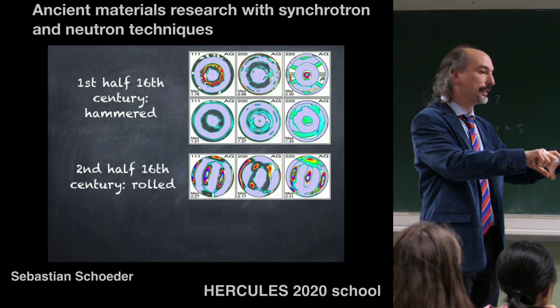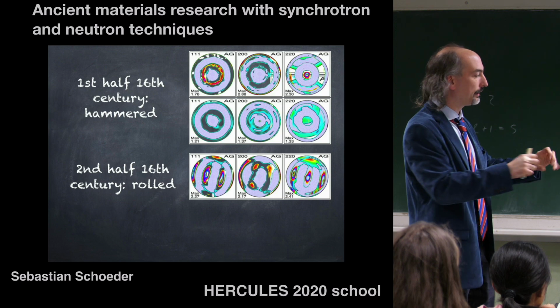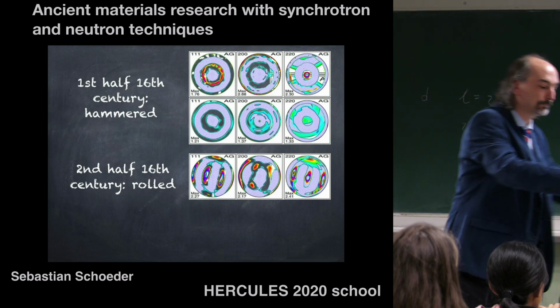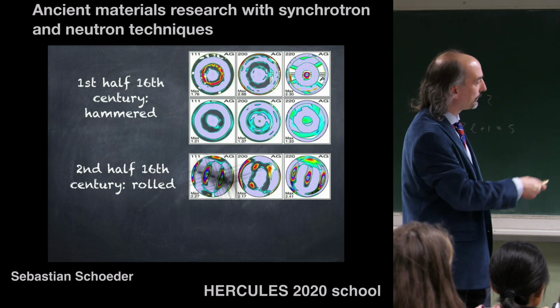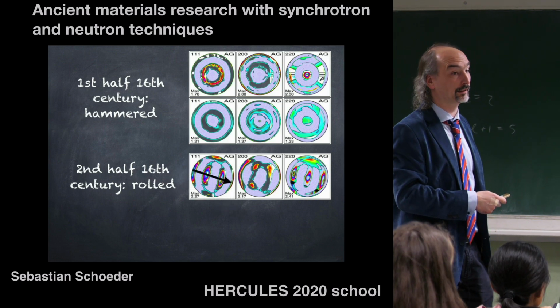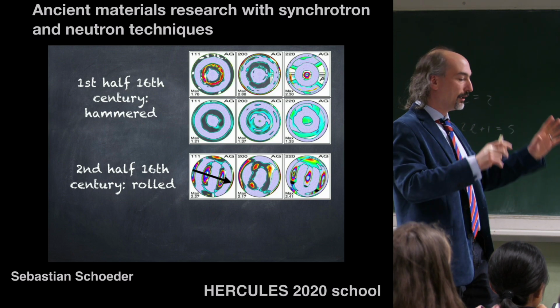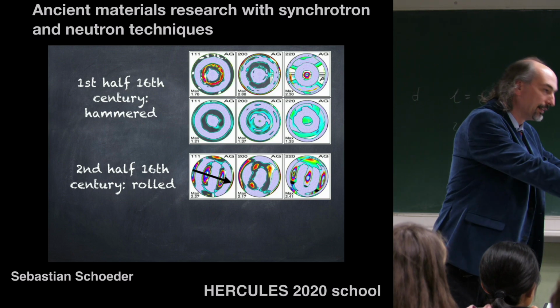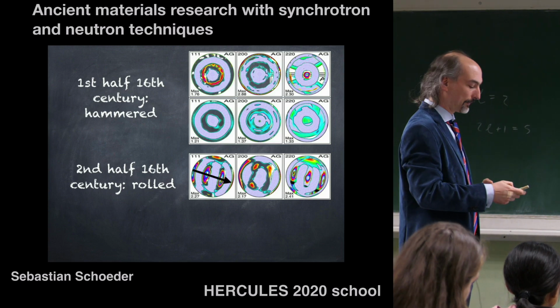That means you have a cylinder where the image you want to engrave is embossed in it, and you roll this over the coin. And what's interesting, we can even say in which direction it was rolled, because it's perpendicular to the stripes you can see here. So even now, more than 400 years after these coins were fabricated, we can still say in which direction the cylinder was rolled over the coin. I find that fascinating.